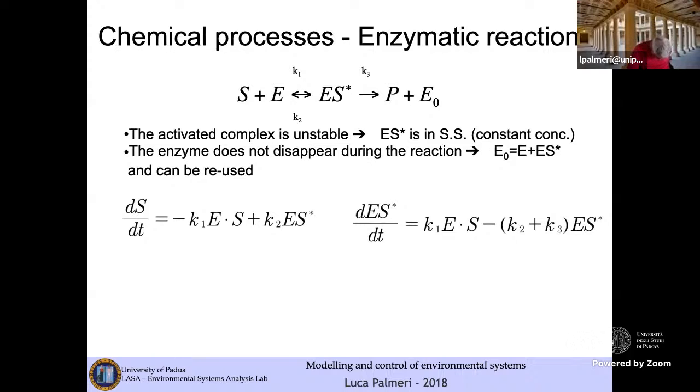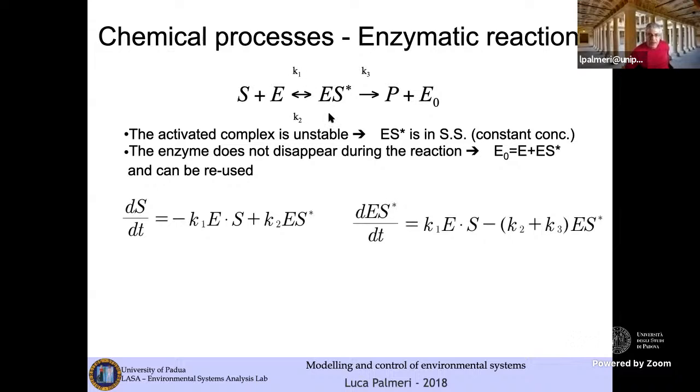In parallel, we may introduce a second differential equation describing the dynamics of the activated complex. So now we are describing the reaction that transforms the activated complex ES star. We say that the variation in time of ES star is equal to K1 times the concentration of E times the concentration of S, minus all the reactions that take away ES star.